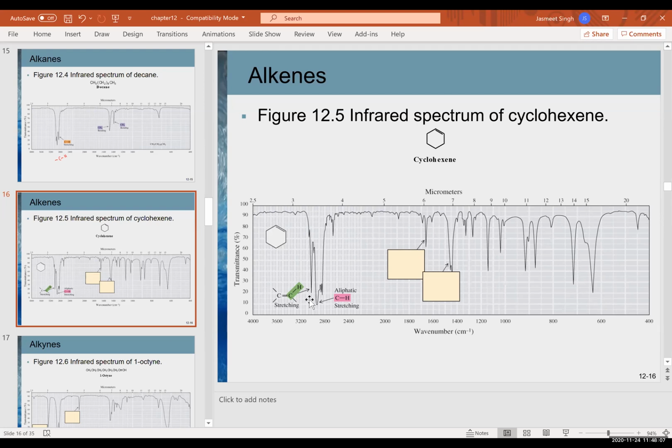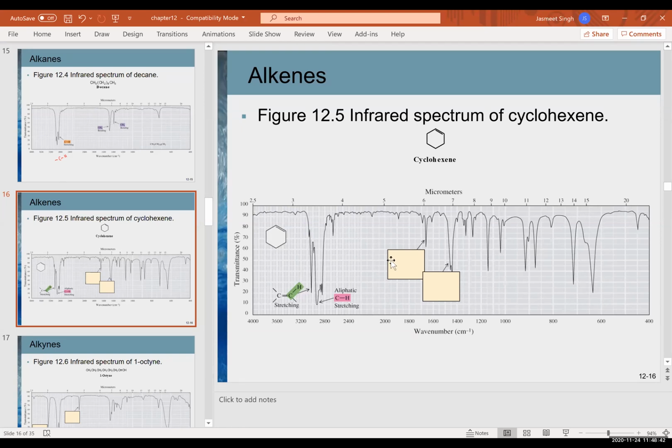So this will be a strong signal, usually a little bit more than 3000. This one is always higher than the sp3 hybridized CH. So the presence of this sharp peak after the CH stretching indicates the presence of a double bond. That is characteristic of alkenes.